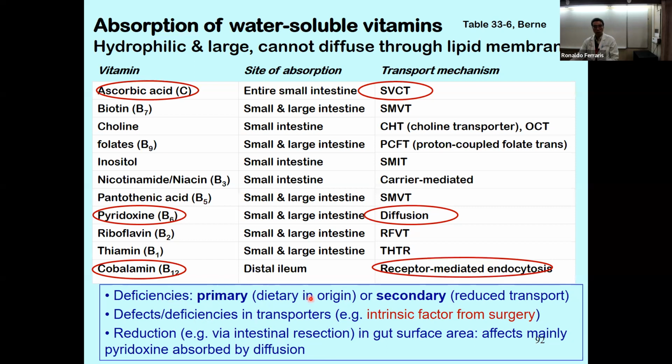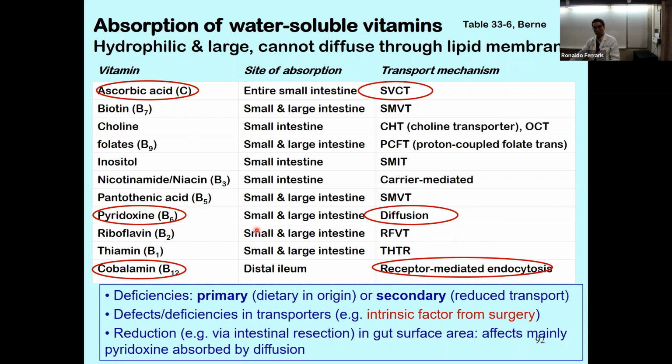So how do you deal with deficiencies? You, of course, have supplements in vitamins. If you have reduced transport because for one reason or another you had ileum resection, or people who have ileum resection, you've heard of relatives with bariatric surgery, then these are secondary deficiencies, and you address that by supplementing them.